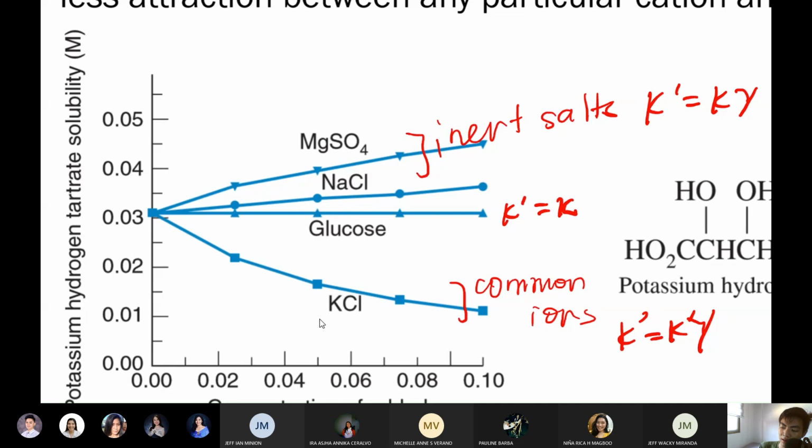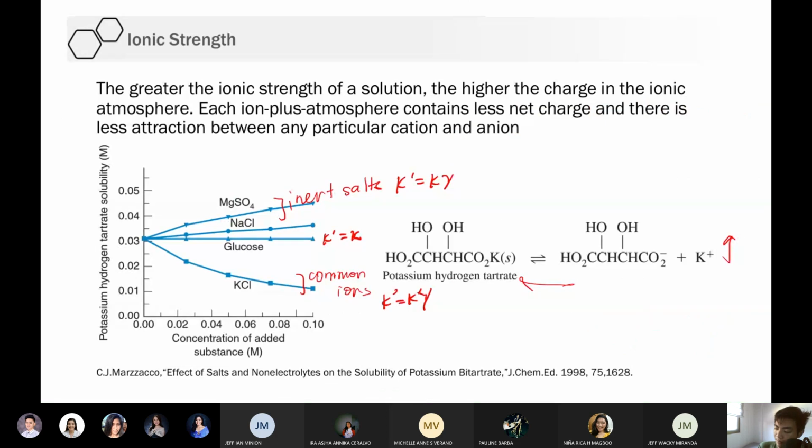It still has an ionic activity. Again, when you add uncharged species, your gamma is unity, so gamma is equal to 1. That's why the solubility of this precipitate is unchanged when you add glucose, because whatever your K is, if you multiply it by 1, that's your K prime. So K doesn't change in reality.